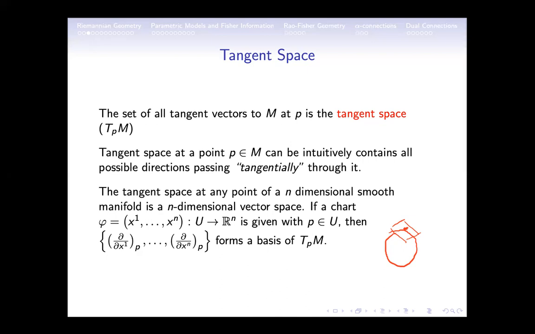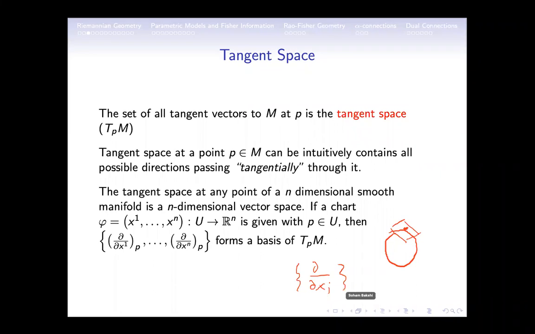So a tangent space is a vector space. The basis vectors are basically the partial derivative operators. These are exactly operators, but we're not going to write them like that.